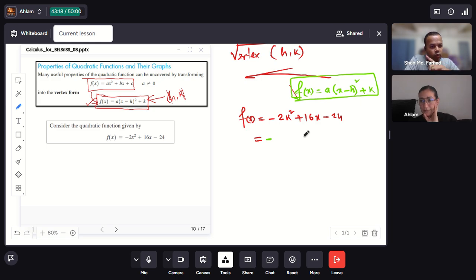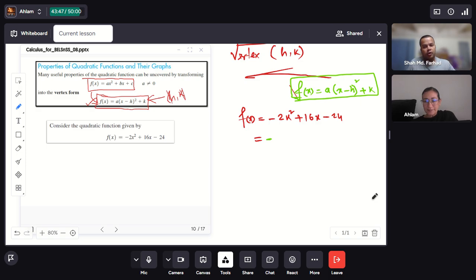So we got 1 and then negative 3 by 2, right? Okay. These values are not the vertex point. These are the solutions of the quadratic equation. That means at those points, the graph will intercept the x-axis.